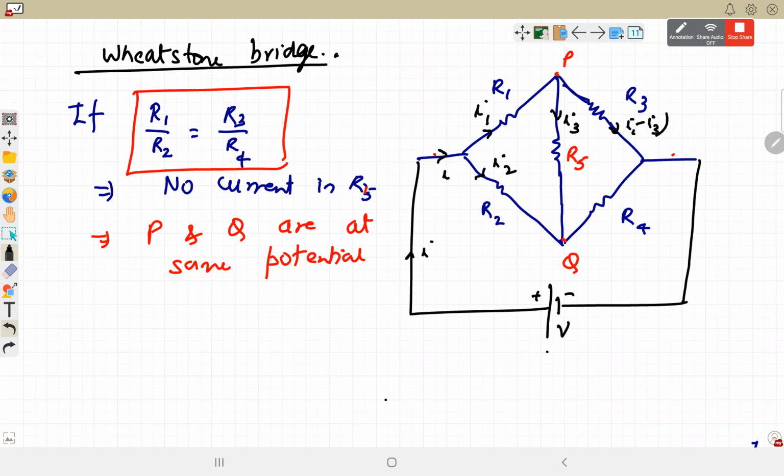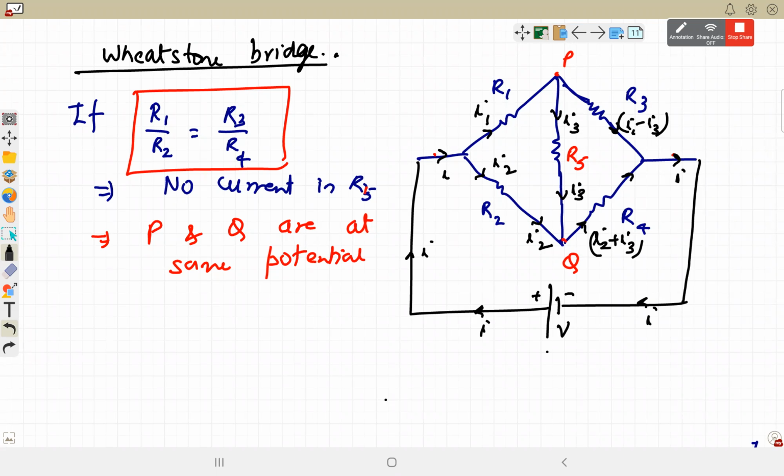Initially I1 minus I3 in the upper branch, and below, I2 and I3 both combine, that becomes I2 plus I3. So the current is distributed in each branch, assuming it's not balanced.